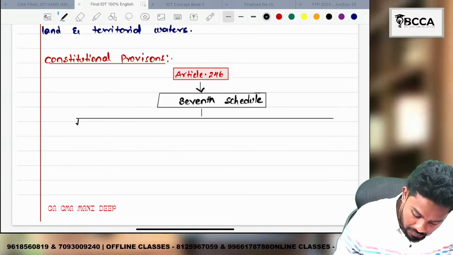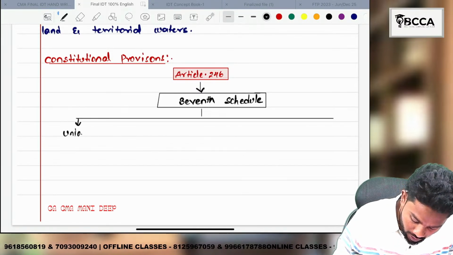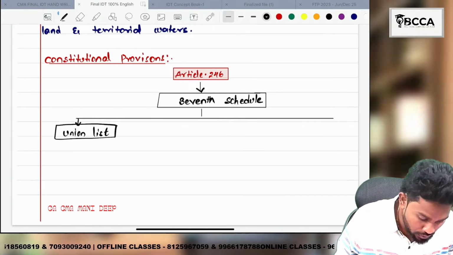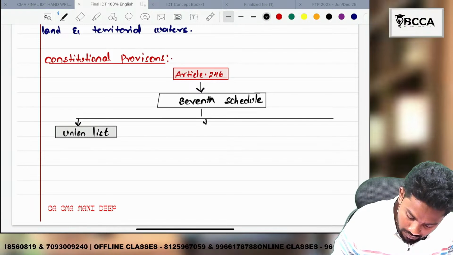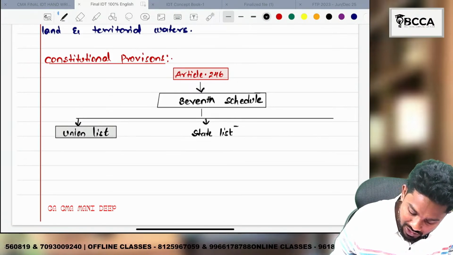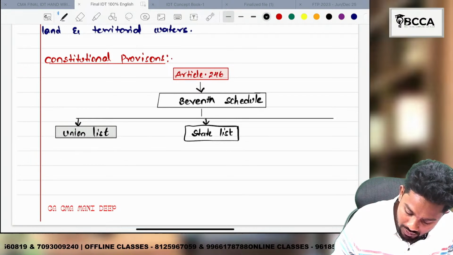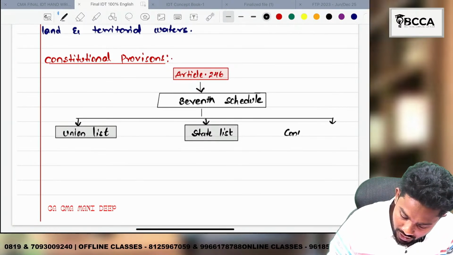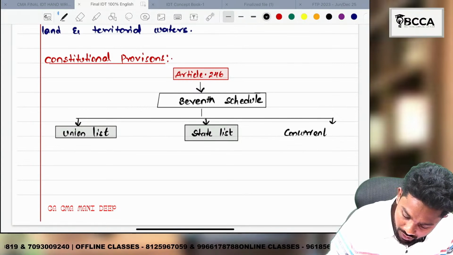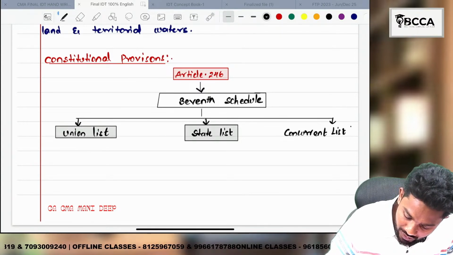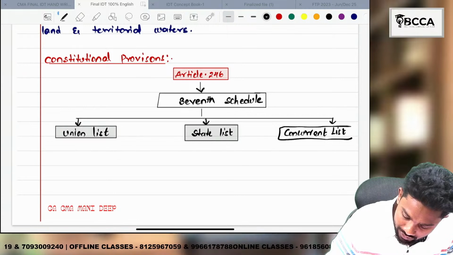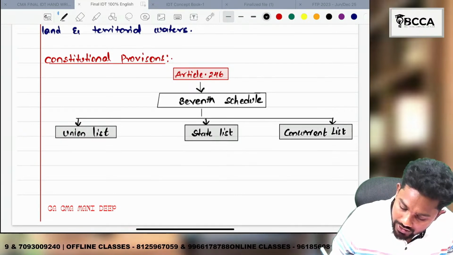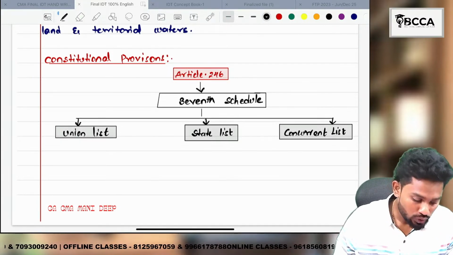Union list, state list, concurrent list.